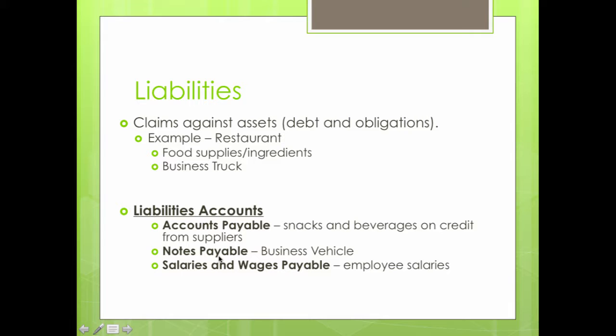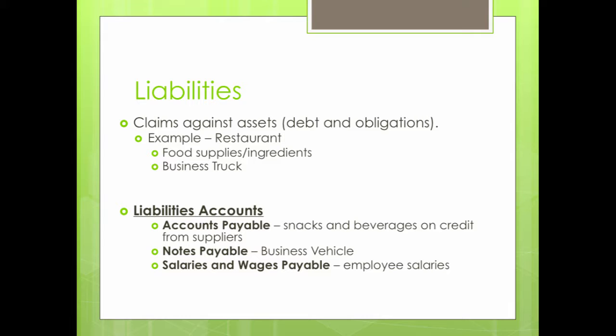We also have notes payable. Notes payable, on the other hand, is still money that you owe, but think of notes payable as an example when you buy a vehicle. The dealer approves, or the bank approves you for credit to buy the vehicle for the exact amount that the vehicle is worth, or the price of the vehicle.